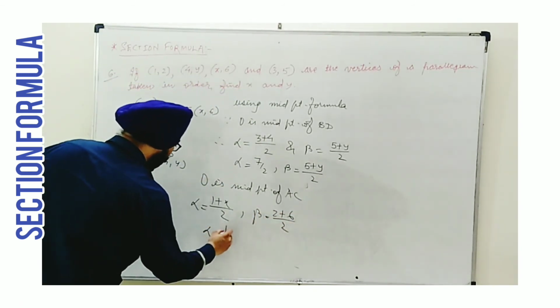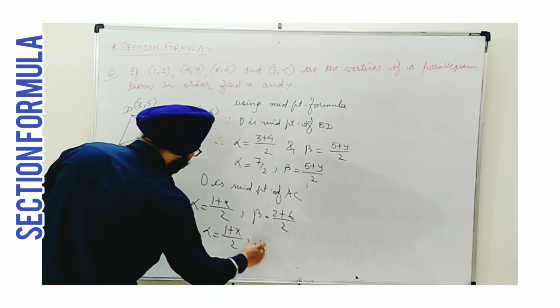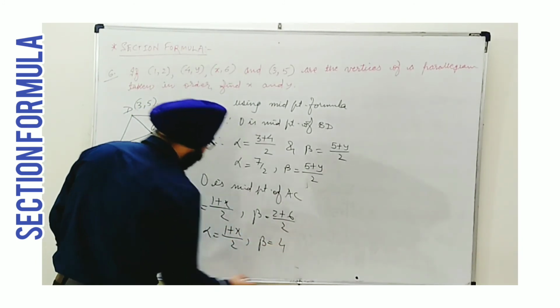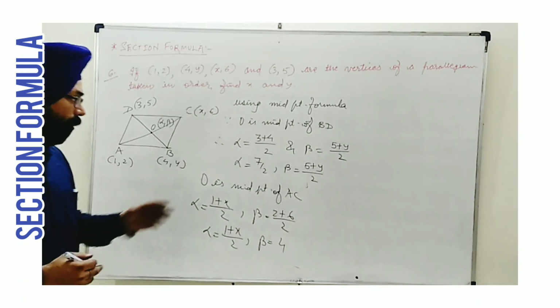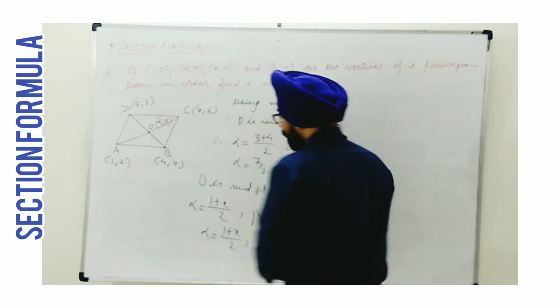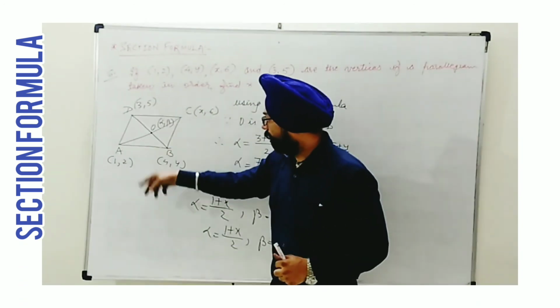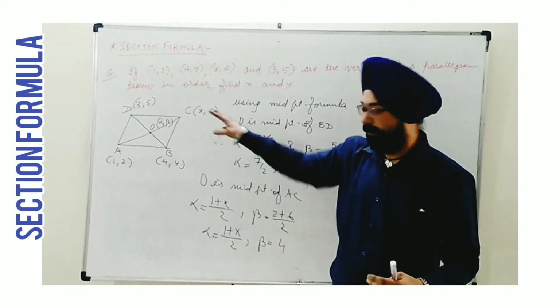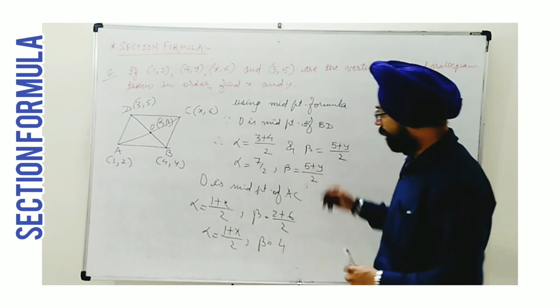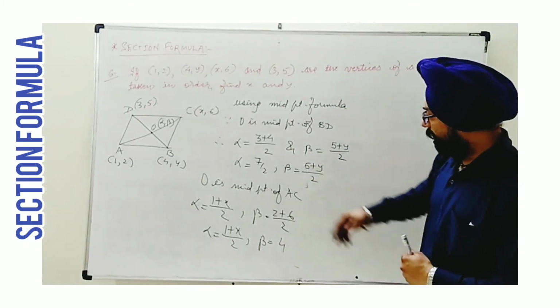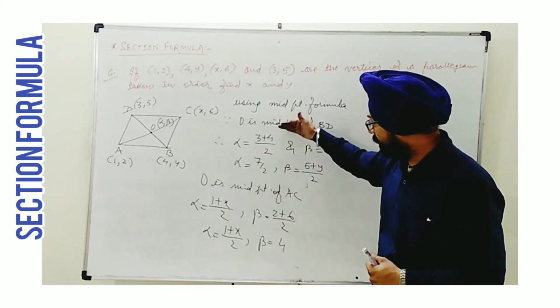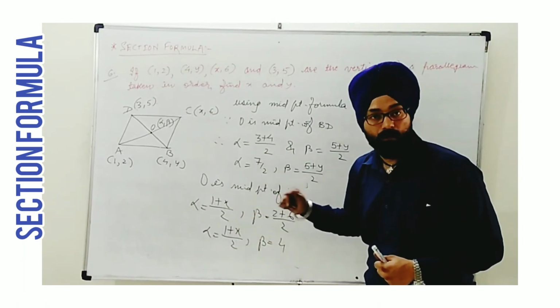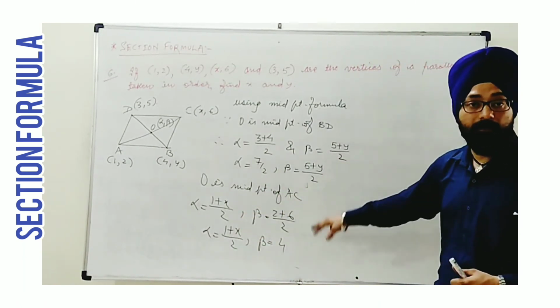Solving, alpha comes 1 plus x upon 2 as it is and beta will be 4. Now what is the use here? I said that this O is the midpoint not only of AC but of BD, but O is 1, that is the same point, no change. So if no change, then the values of alpha obtained in the first case and second case must be equal, and values of beta also must be equal.